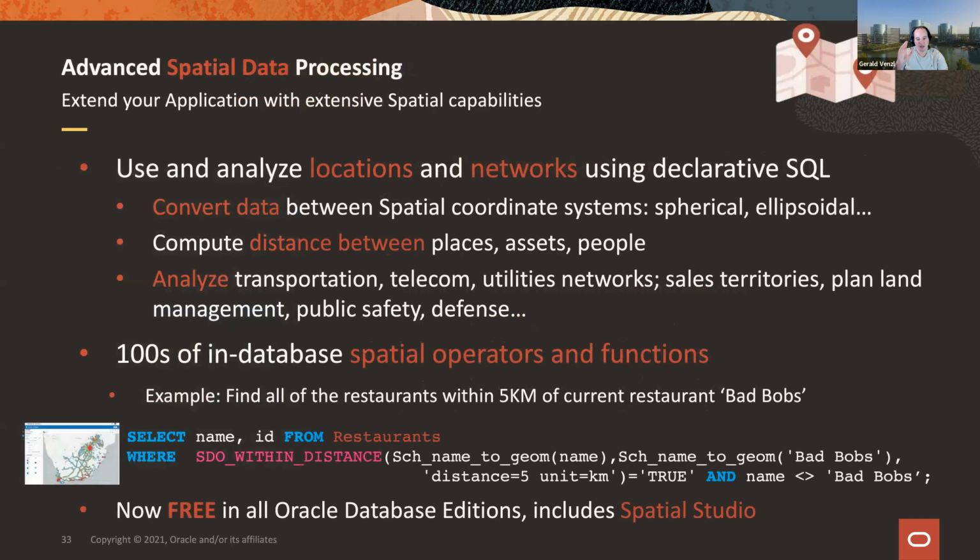Really powerful. Spatial, just mentioned with the Spatial and Graph option, no longer exists as an option, so all our spatial capabilities in the Oracle database are there for you, free to use. It allows you to do something like this: you can say, I want to find a certain store within a distance of, in this case, 5 kilometers, where the name is, say, Bob's.